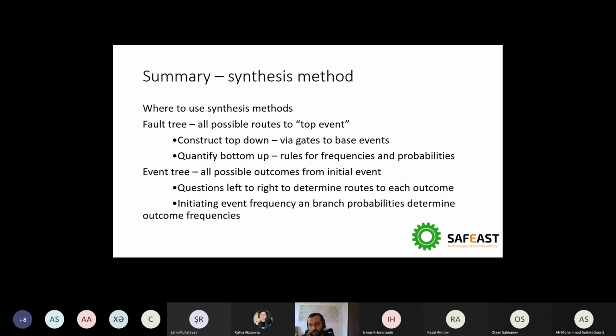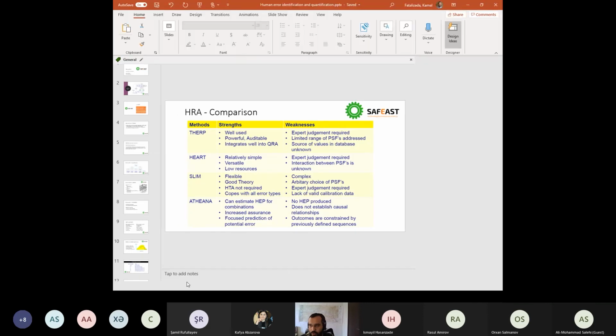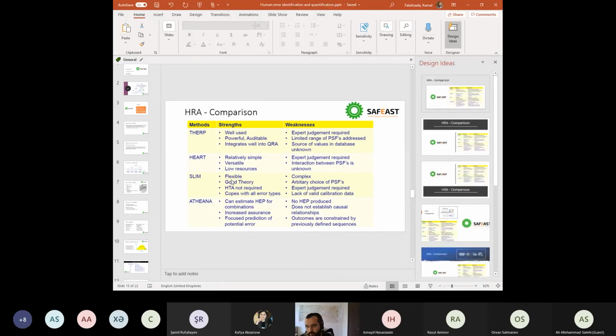So this is all for the first two items, fault tree and event tree. I will pause here for a minute or two to see if there is any question. Otherwise, I will move to the second topic, which is human error identification and quantification, which is also related to the likelihood analysis. So any questions so far?